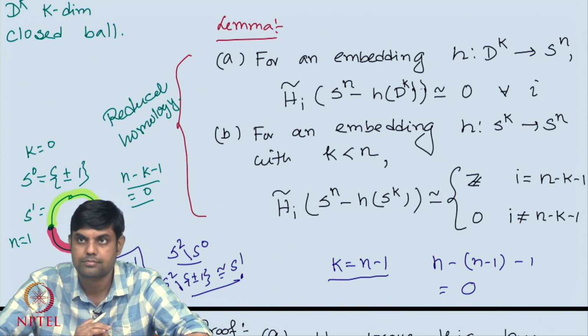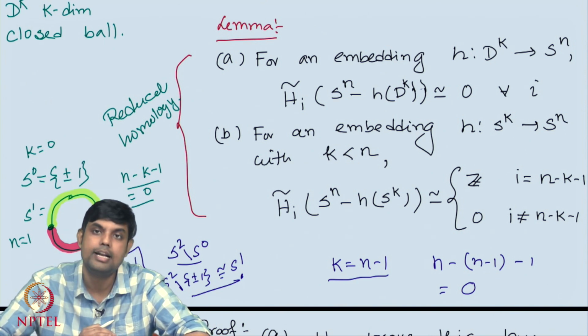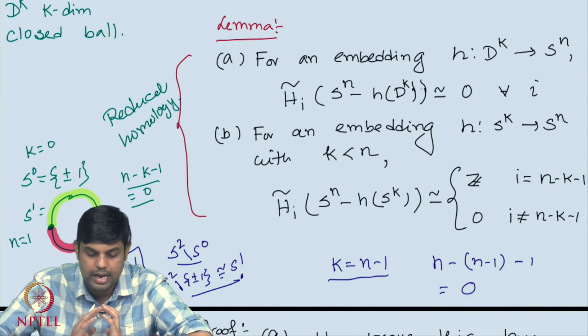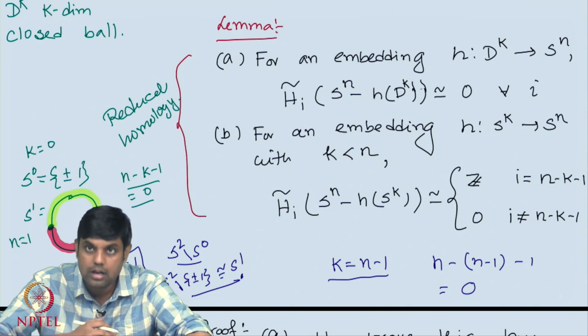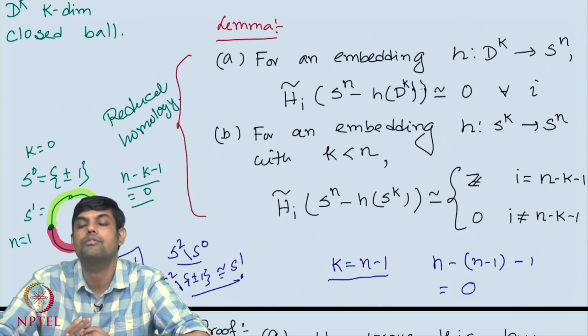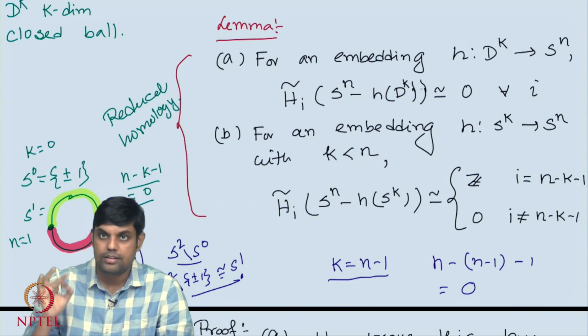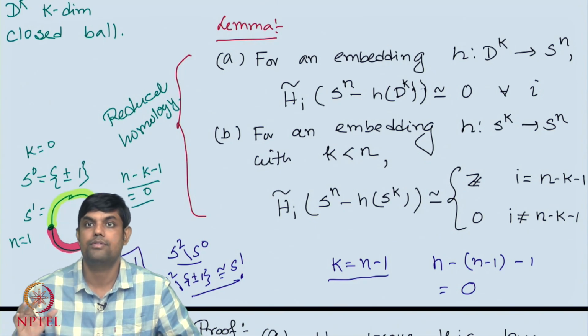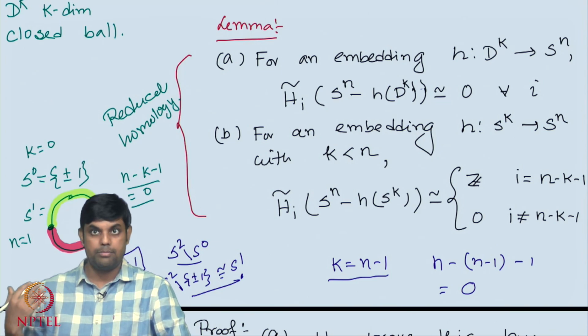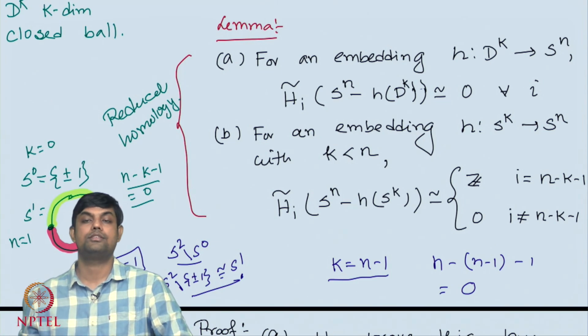So, if I remove an embedded n minus 1 dimensional sphere from an n dimensional sphere, the complement will be acyclic. That means only on the 0th level you will have the reduced homology Z, that will be the two components. Everywhere else it will be 0.